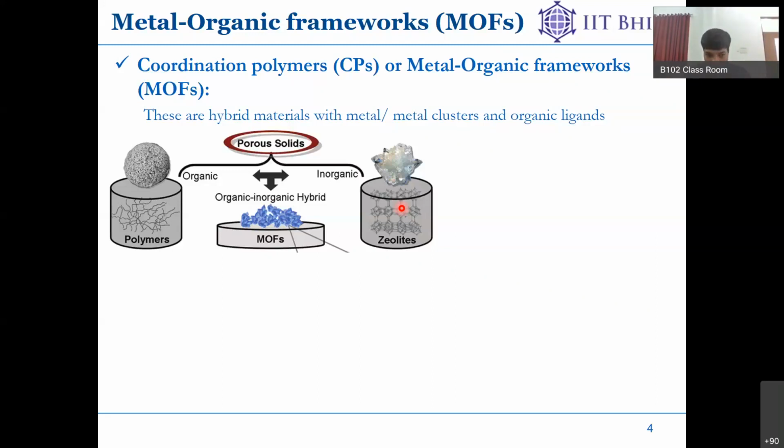They are called coordination polymers or metal organic frameworks. Why am I taking zeolites? Because they are known for very strong porosity. They have a huge amount of empty space, which can be used for various applications.